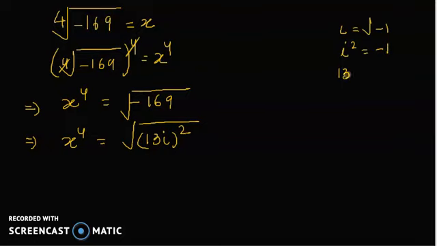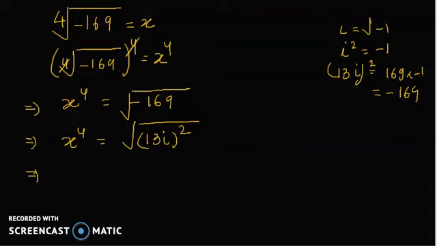Then 13i whole square will be 169 times minus 1, that gives you minus 169. So that is why for this part I have written under root 13i whole square.